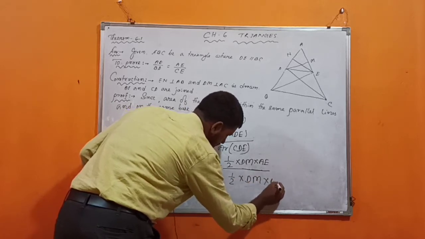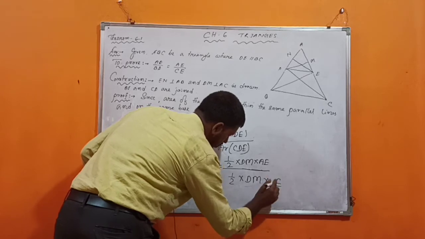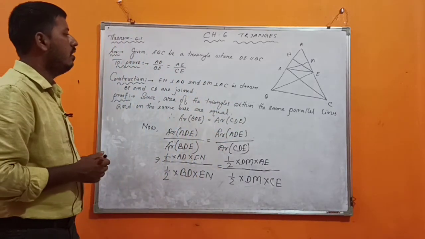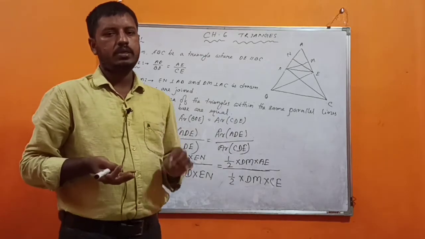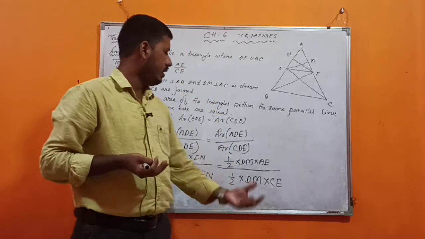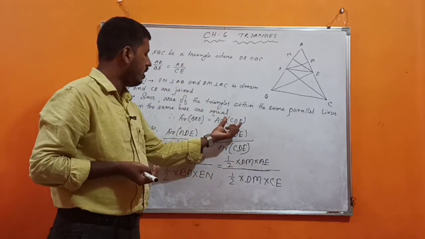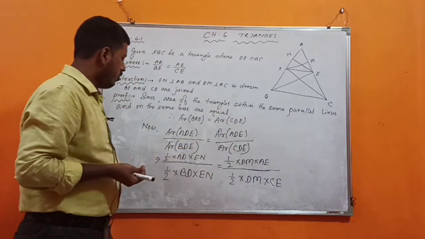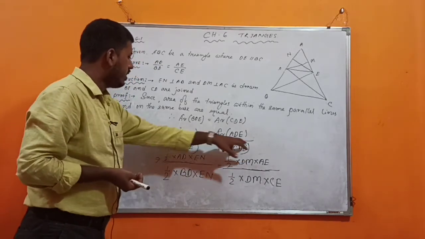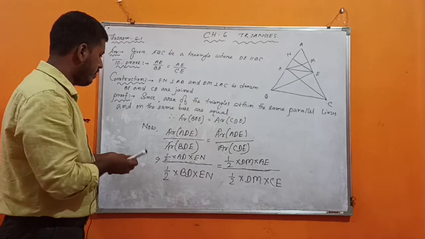Half of DM into CE. So I am saying the things again. Since triangles on the same base and within the same parallel lines are equal, we have written area of BDE equal to area CDE. You have to note this line clearly. This is the key line to prove this theorem.